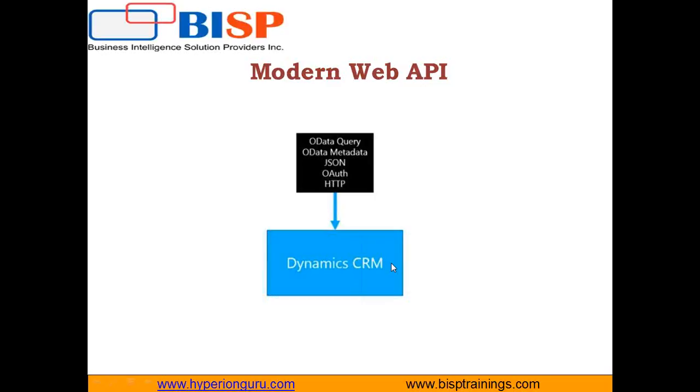Next, we have the modern Web API. These are powerful tools available in Dynamics CRM that allow us to tailor Microsoft Dynamics CRM to meet unique business requirements. Microsoft Dynamics CRM facilitates the delivery of rapid business value with an agile solution framework that can be easily tailored and configured.